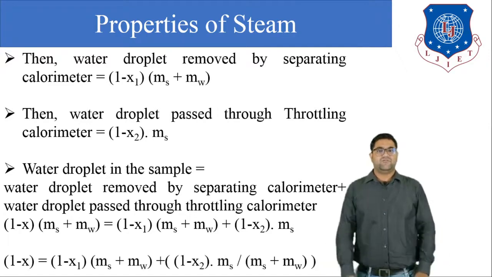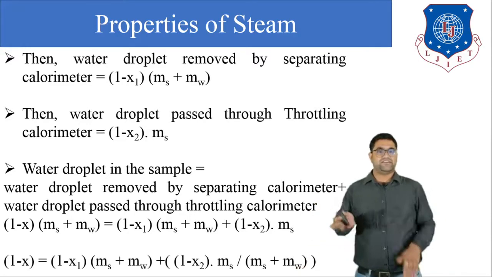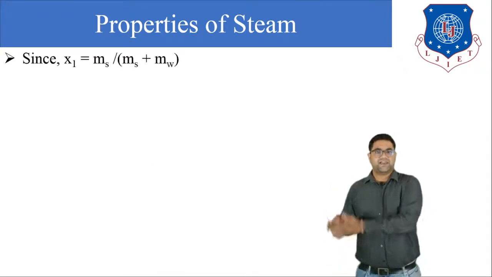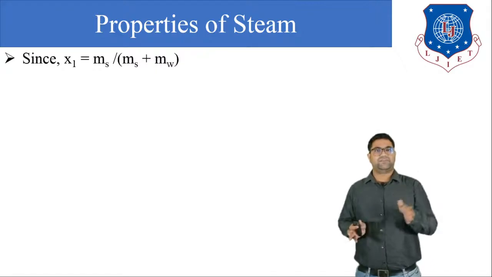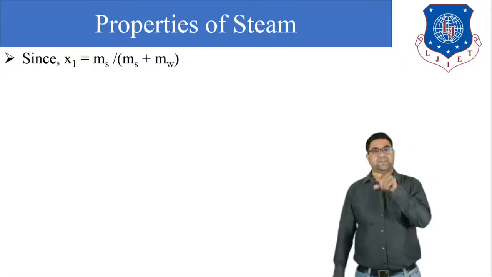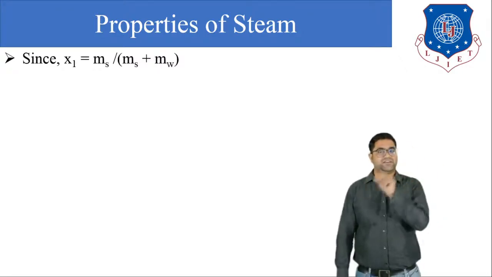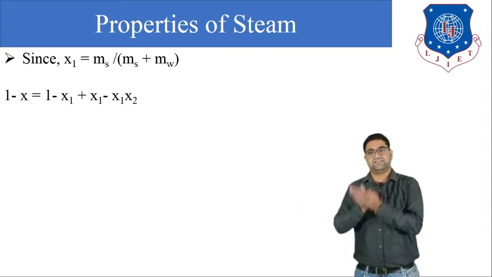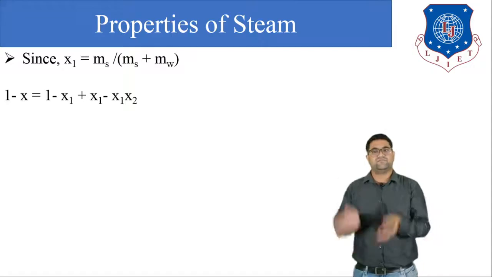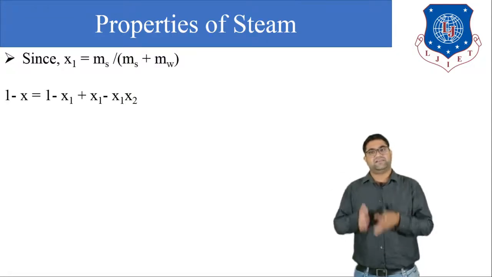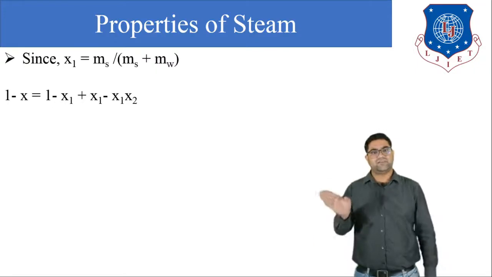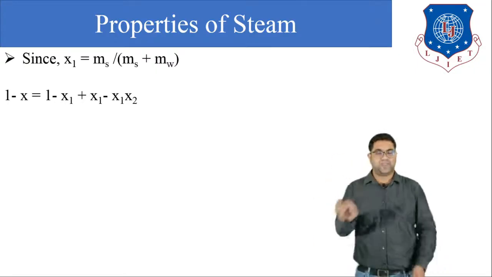Okay, so from this equation we can take (ms plus mw) common, and x1 equals ms upon ms plus mw. So we can replace ms upon ms plus mw as x1. So we can write here the equation as 1 minus x is equal to 1 minus x1 plus x1 minus x1 into x2. Here we have replaced ms upon ms plus mw as x1.